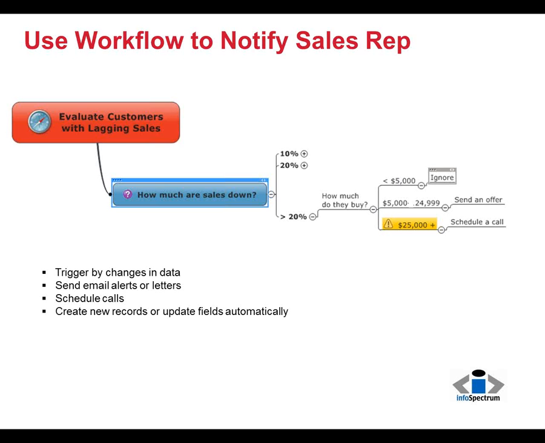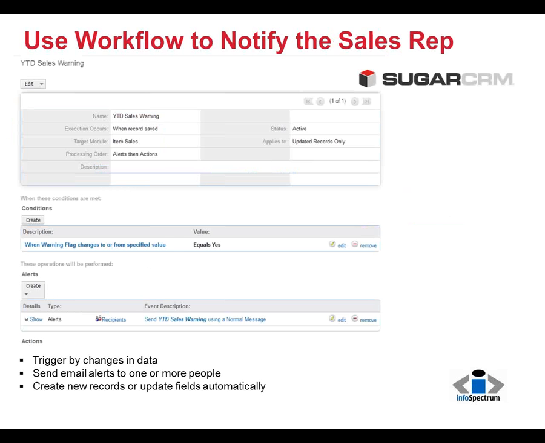If they're down a lot, then that's a case where you will want to be probably scheduling a call for your sales rep. So this is a way to also use order information, sales information from your ERP or accounting system to make your sales reps more productive.